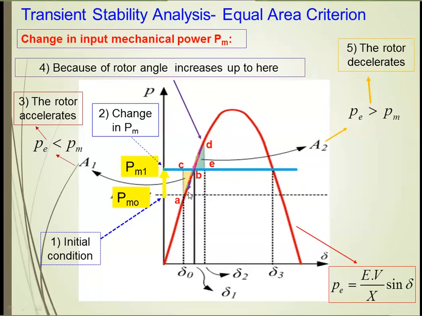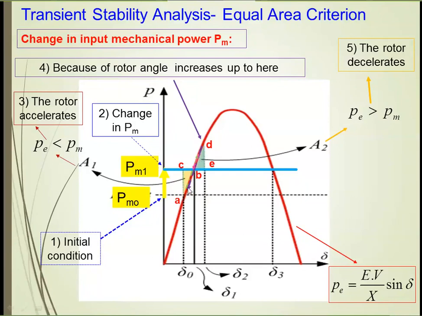So that's what we understand here: because of the disturbance, suddenly the mechanical power is increased, the rotor accelerates, but it does not stop at the point B. It continues to oscillate, it continues to change the angle position up to the point D here. But as it crosses this point, you have a deceleration, so it comes back here now.